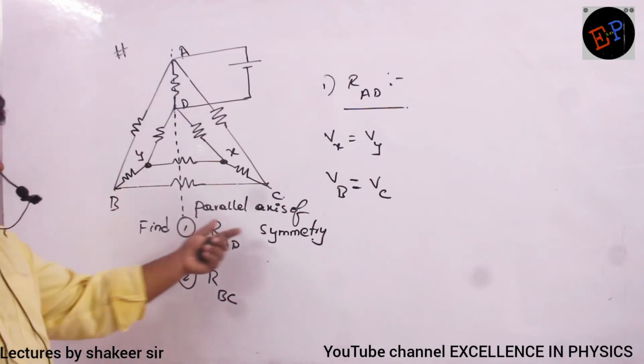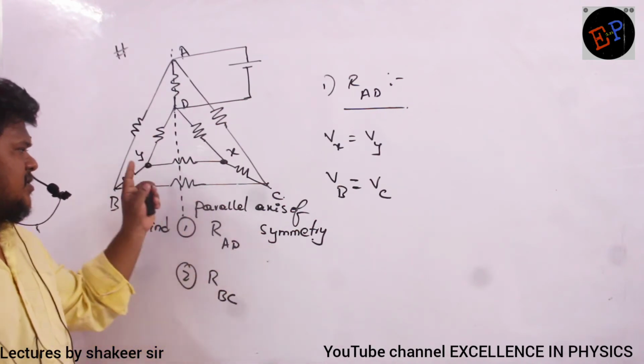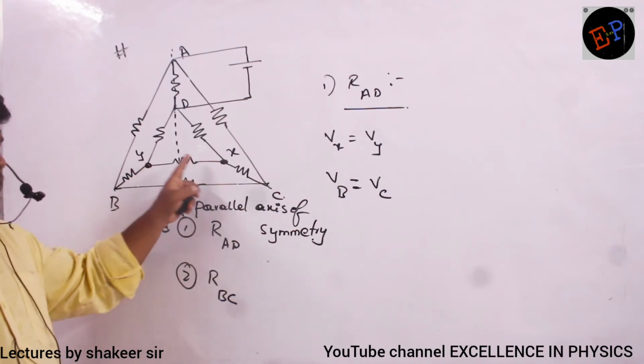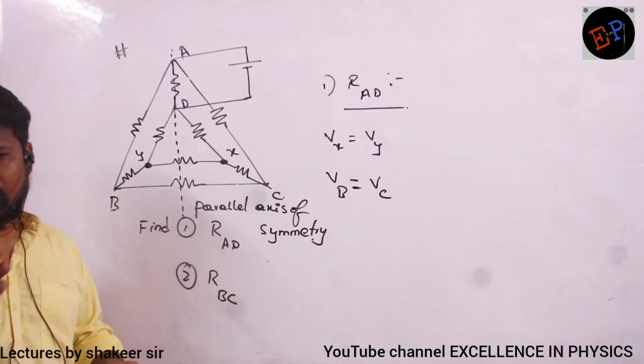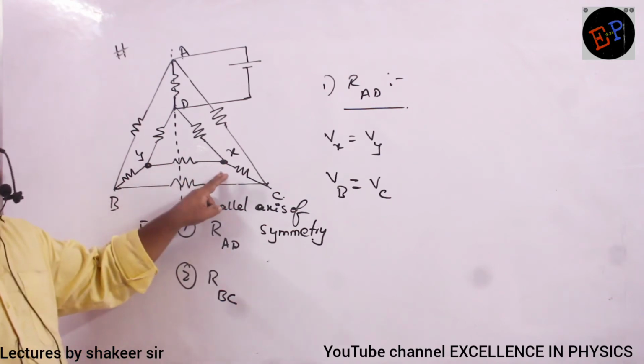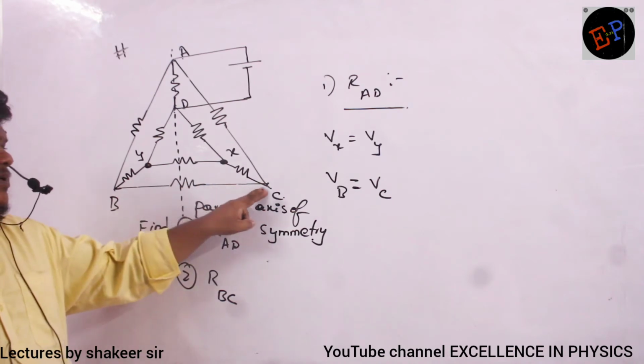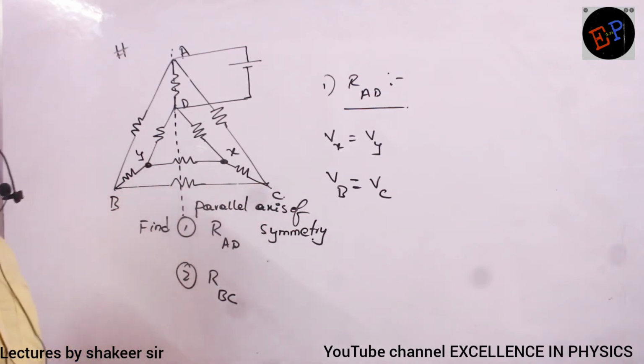That is the property of the parallel line of symmetry. If you see any points which are symmetrical across the parallel line, on either side of it, then those 2 points must be at the same potential. So X and Y are at the same potential. Similarly, B and C also are at the same potential.